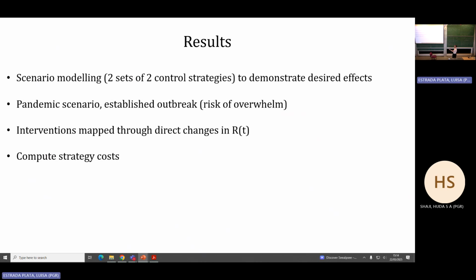So we've got some emerging COVID-like pandemic. It's an established pathogen, and we're considering implementing these interventions to preserve our healthcare system. So these interventions are just going to be mapped through these direct changes in RT, the reproduction number transmission. And we'll compute some strategy costs as a result, both directly and subject to some underlying uncertainty.